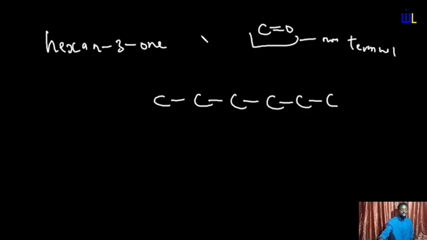Non-terminal is what is used to represent alkanones. The carbonyl group is C double bond O. Now, the carbonyl group is going to exist on which carbon? The third one. So let's count. If we allocate locants 1, 2, 3, 4, 5, 6, it simply means that the carbonyl group is going to be found here, and that's basically that.